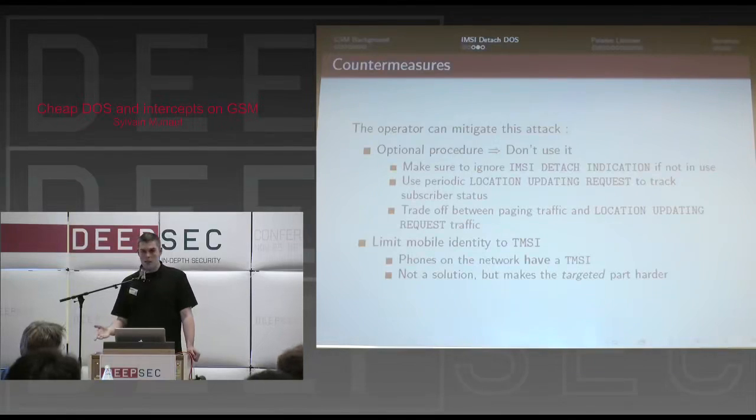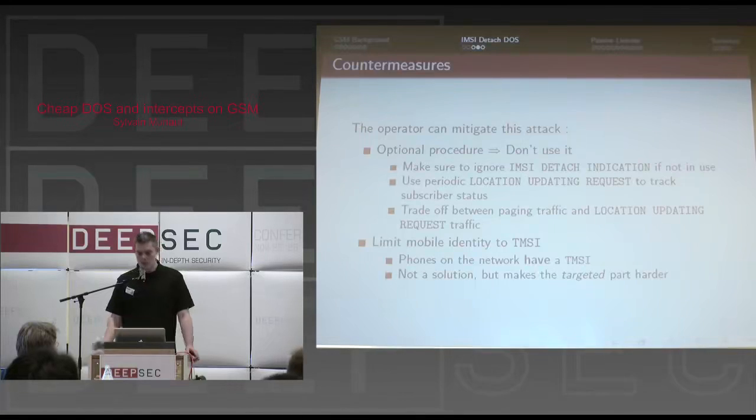Since he is logged in onto the network, he has a TIMSI. So you should only accept incoming IMSI detach when they're specified by TIMSI. All phones I've seen use the TIMSI. Only an attacker would use the IMSI. It's not a solution, but at least it can make the targeting a little harder.